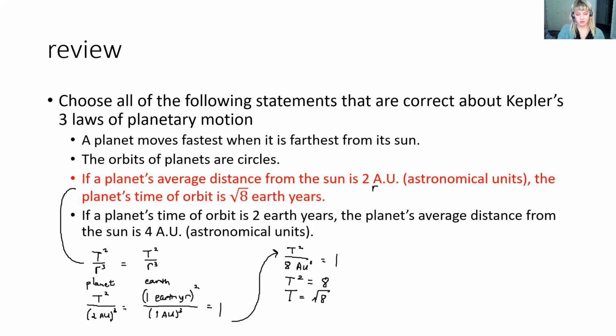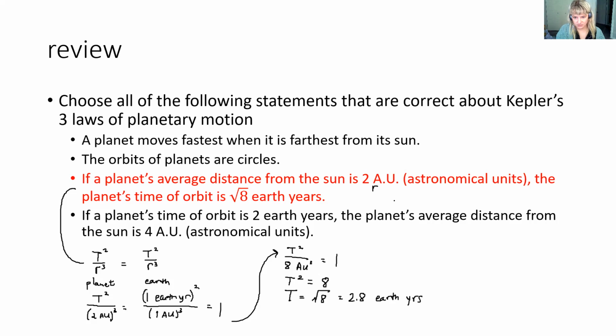It's going to take longer to go around the Sun for this planet than it does for Earth. What is the square root of 8? It's about 2.8 years.